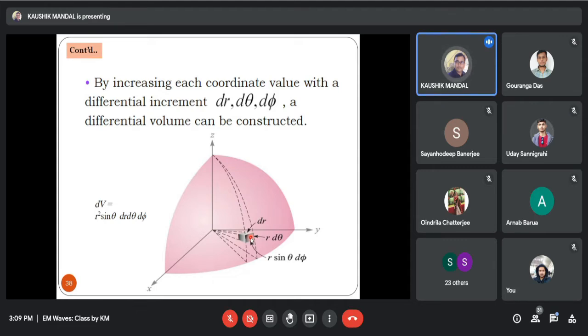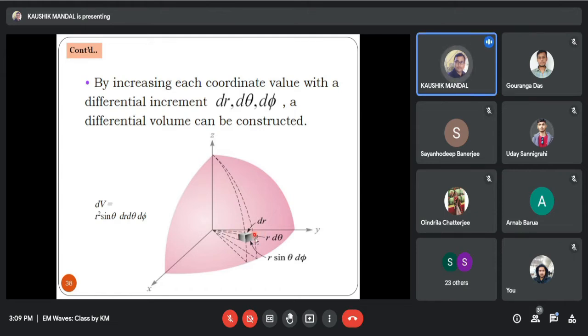Considering the previous figure, dr is the increment along this direction, and d theta is the differential increment in the angular position.